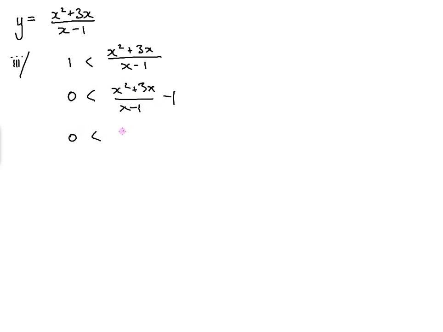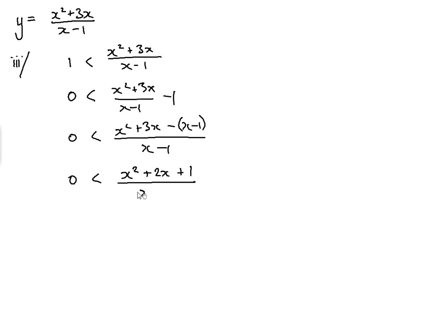So this simplifies and we get x squared plus 3x take (x take 1) all over x take 1. So we've just brought this to the same denominator. So this is 0 is less than x squared plus 2x plus 1 over x take 1. So 0 is smaller than, and if you factorize this top line, you find that it's actually (x plus 1) squared over x take 1.